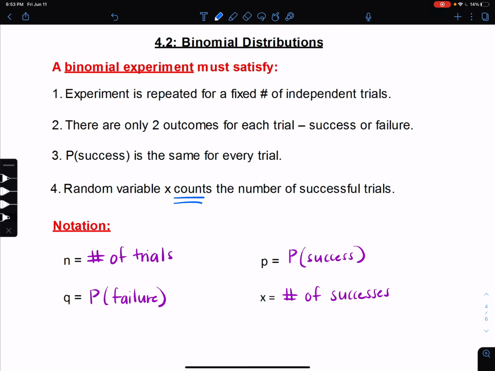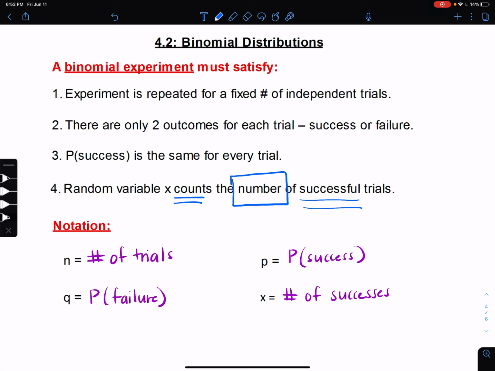Okay, so because this is a particular type of discrete distribution, you're still going to be looking at a situation where you are counting the number of times that something occurs. And whatever it is that we're interested in counting for the binomial distribution, we refer to that as a success or as a successful trial.